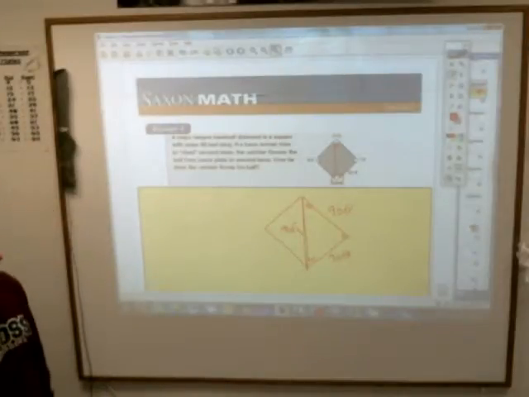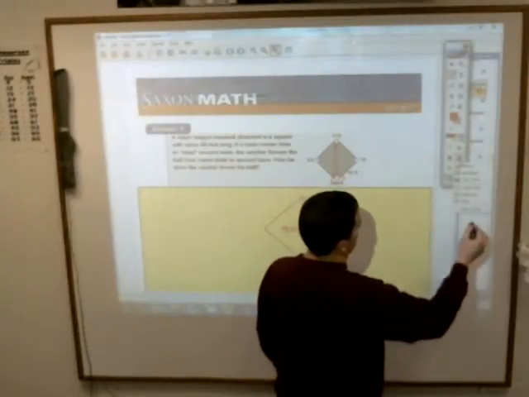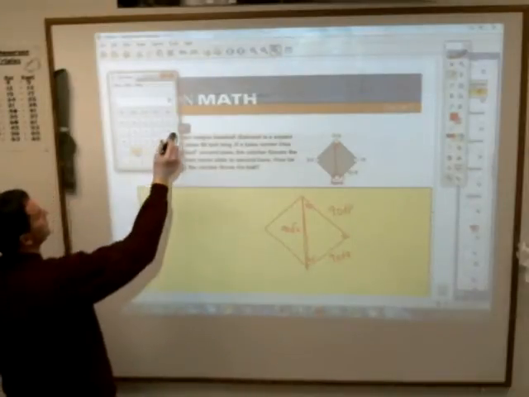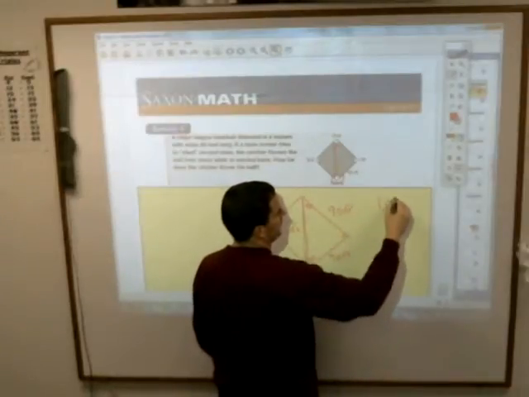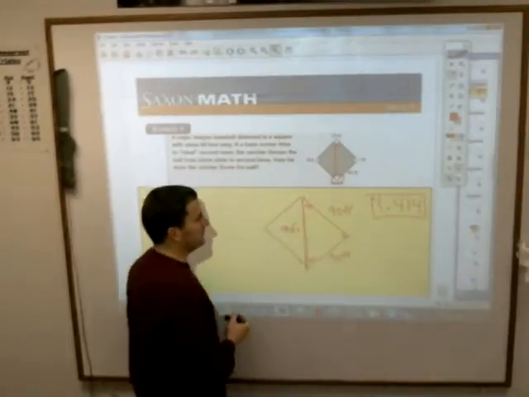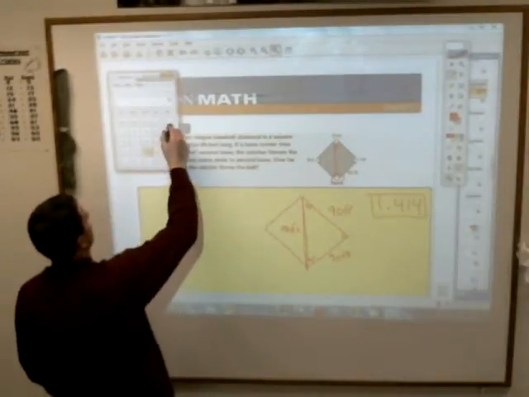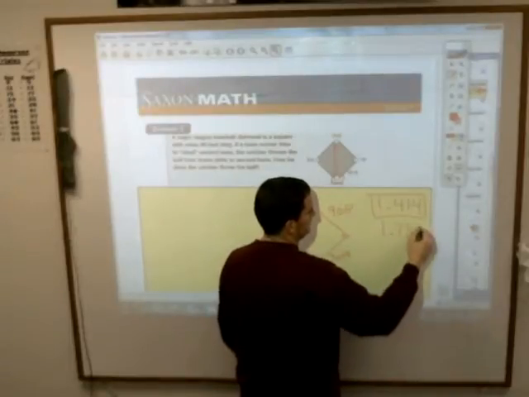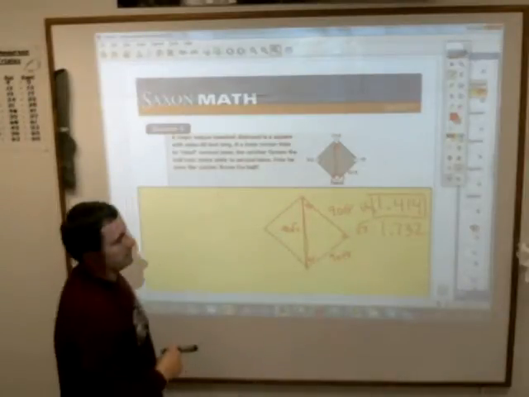The square root of 2 is what? 1.41. Write this down so you know what the square root of 2 is: 1.414. Write that somewhere where you know where it's at all the time. Same thing with the square root of 3: 1.732.